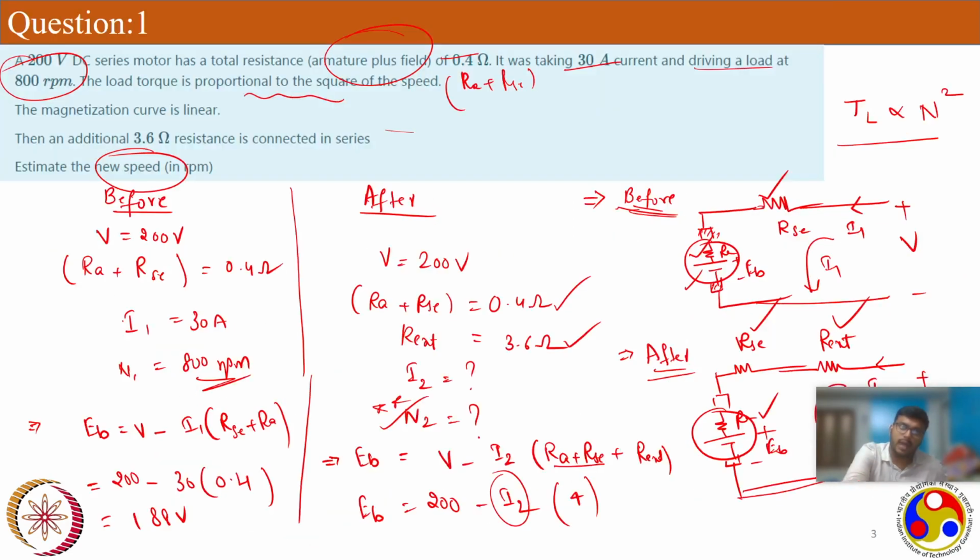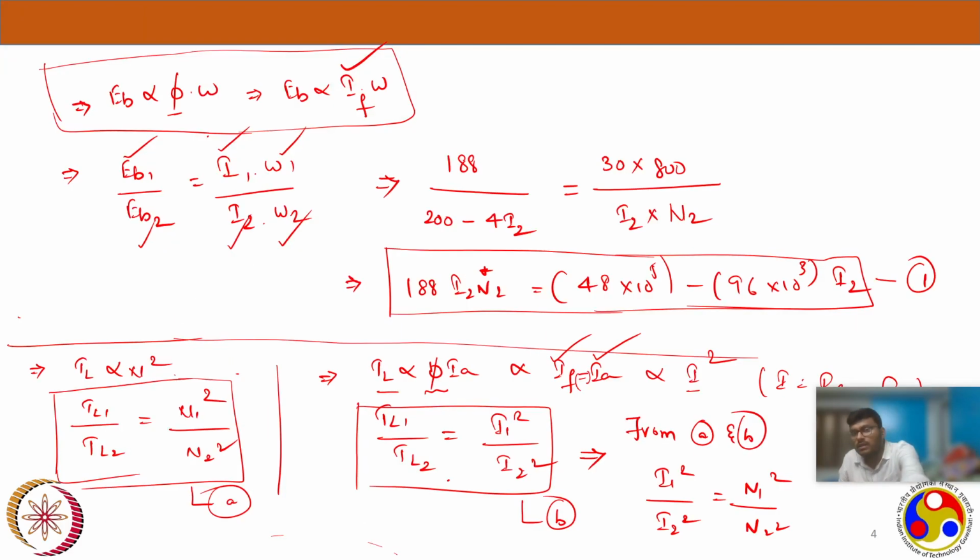Then for today we started with a numerical where we were given a DC series motor, and they had added an external resistance, and they asked us to find the new speed where the kind of load is such that torque is proportional to the square of the speed. Initially we calculated the back EMFs, and we arrived at one equation, that is equation number 1, which you see on the screen.